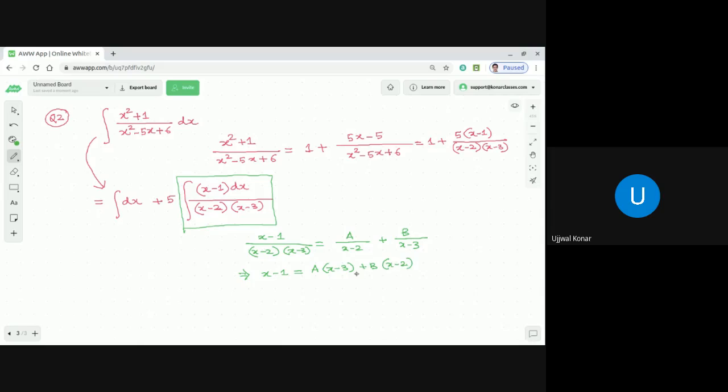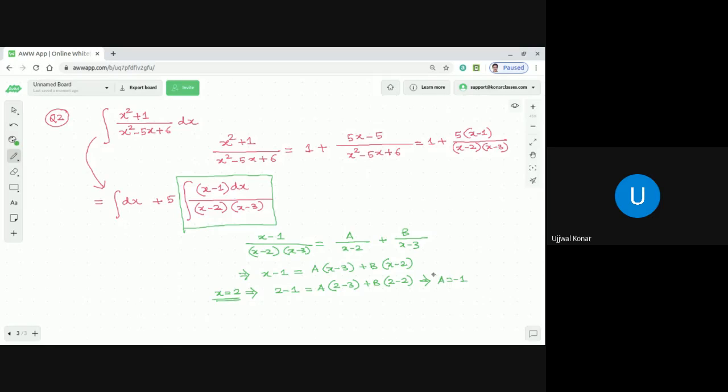And you know, dear students, here the most preferable approach is to apply the value of x. Suppose you apply the value of x equal to 2. So what we are going to get? 2 minus 1 is 1, equal to A into (2 minus 3) plus B into (2 minus 2). So from here we can get the value of A equal to minus 1.